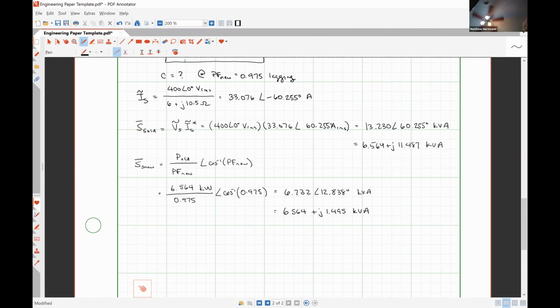So we know that the complex power supplied by our capacitor is S new minus S old, which is negative j9.991 kVA.